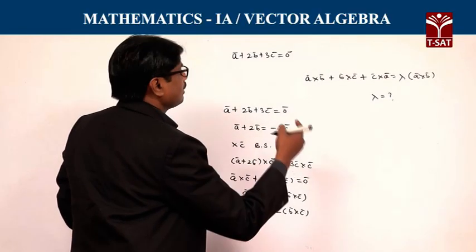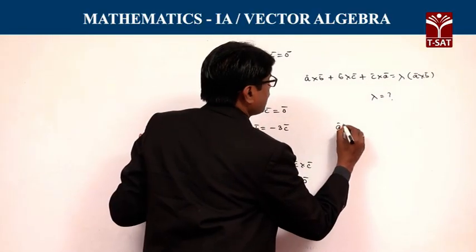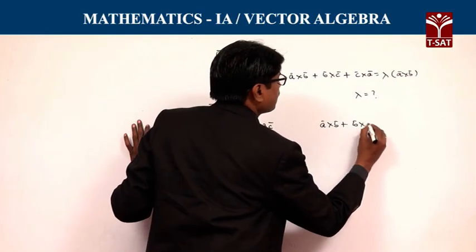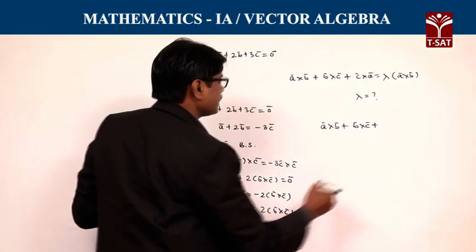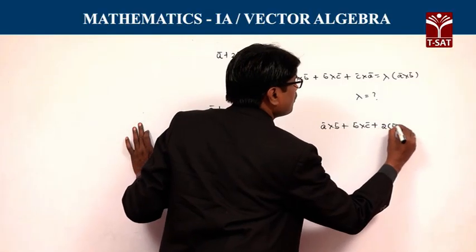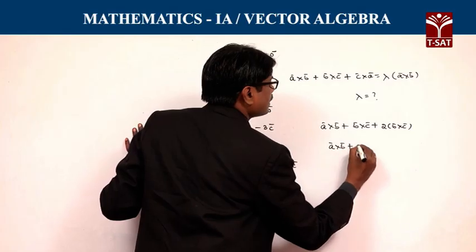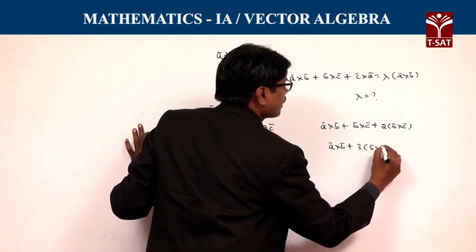And the above vector will be reduced in the form of A bar cross B bar plus B bar cross C bar plus C bar cross A bar will be A bar cross B bar plus 3 times of B bar cross C bar.